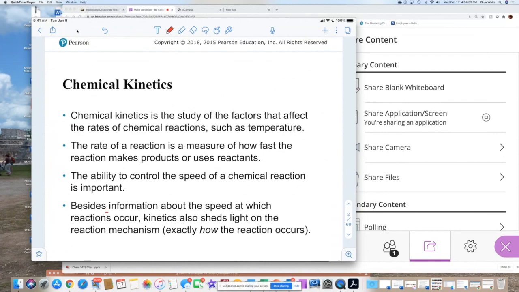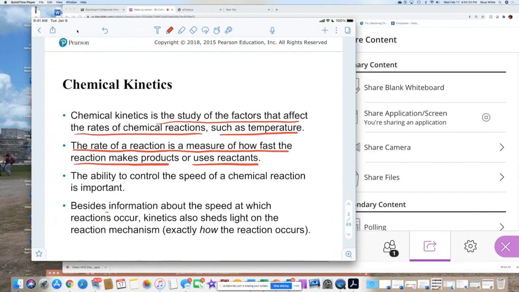We're told here it's the study of the factors that affect the rate of chemical reactions, such as temperature. Temperature is one of the many factors that influences the rate of the reaction. We're told the rate of the reaction is a measure of how fast a reaction makes products or uses reactants. There are two main ways you can calculate the rate of the reaction.